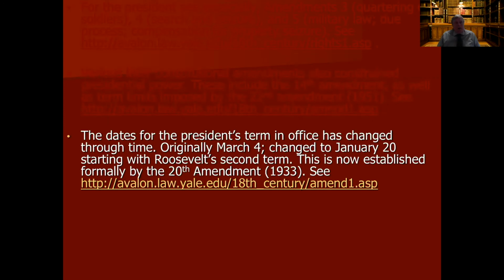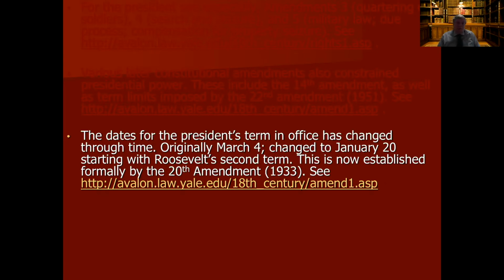The dates for the president's term in office have changed through time. Originally, the inauguration date was March 4th. This was changed to January 20th, starting with Roosevelt's second term. And it's now formally established by the 20th Amendment, which was ratified in 1933.